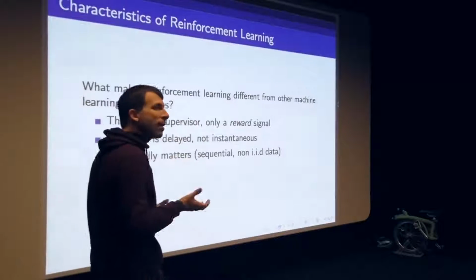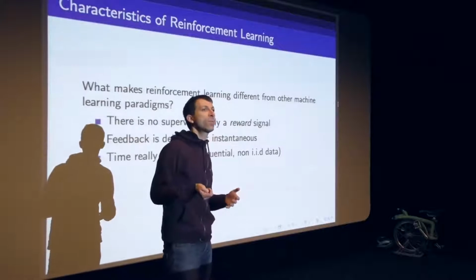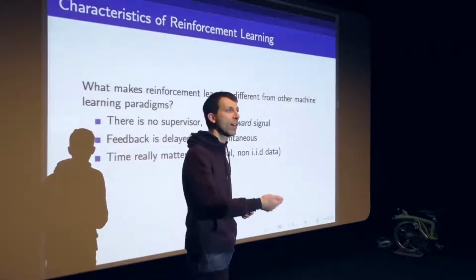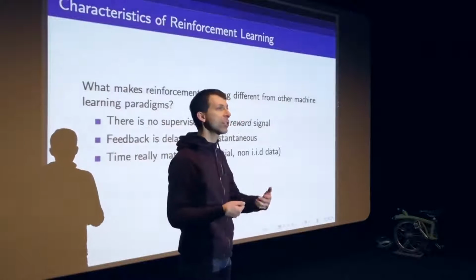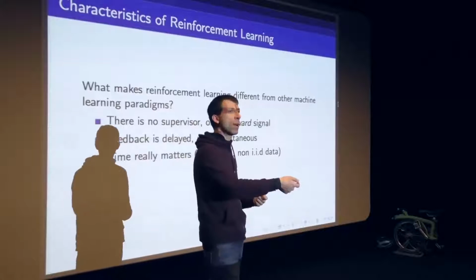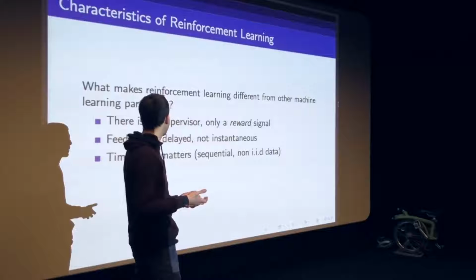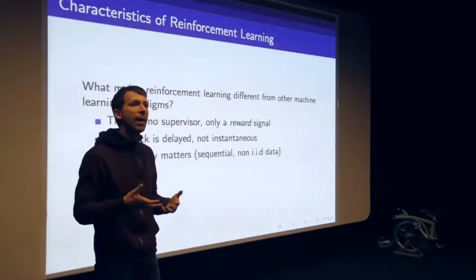Furthermore, time really matters in RL. We're talking about sequential decision-making processes, where one step after another, the agent gets to make decisions, pick actions, see how much reward the agent gets, and then optimize those rewards to get the best possible outcomes. So we're not talking about IID data here.